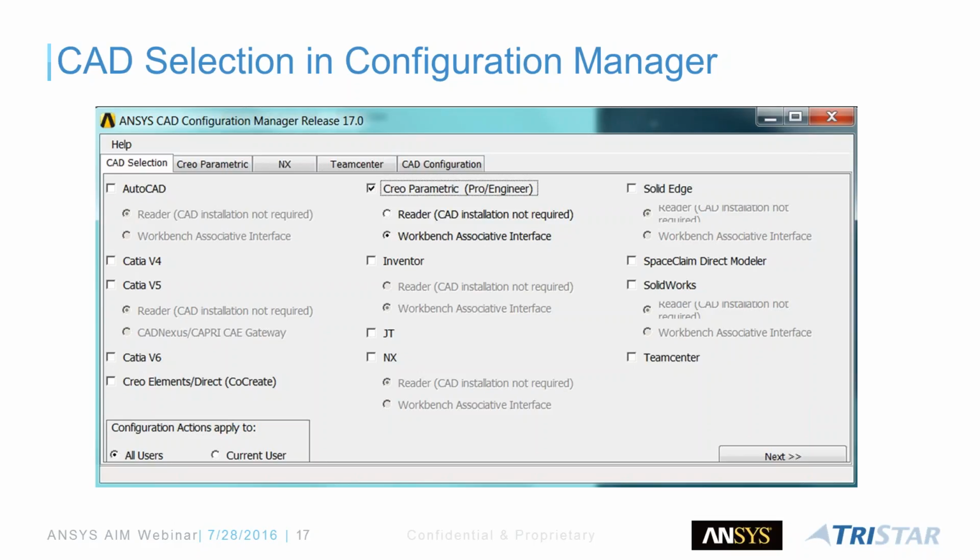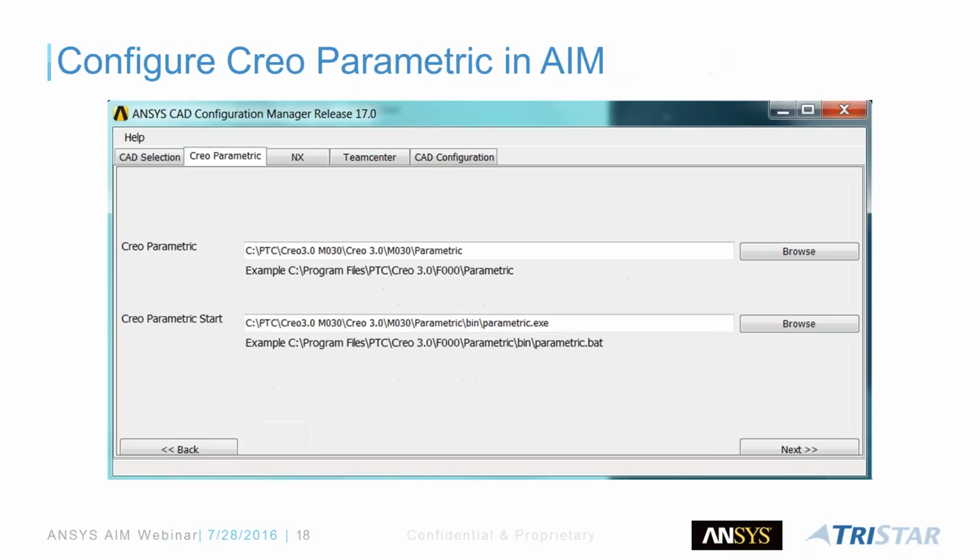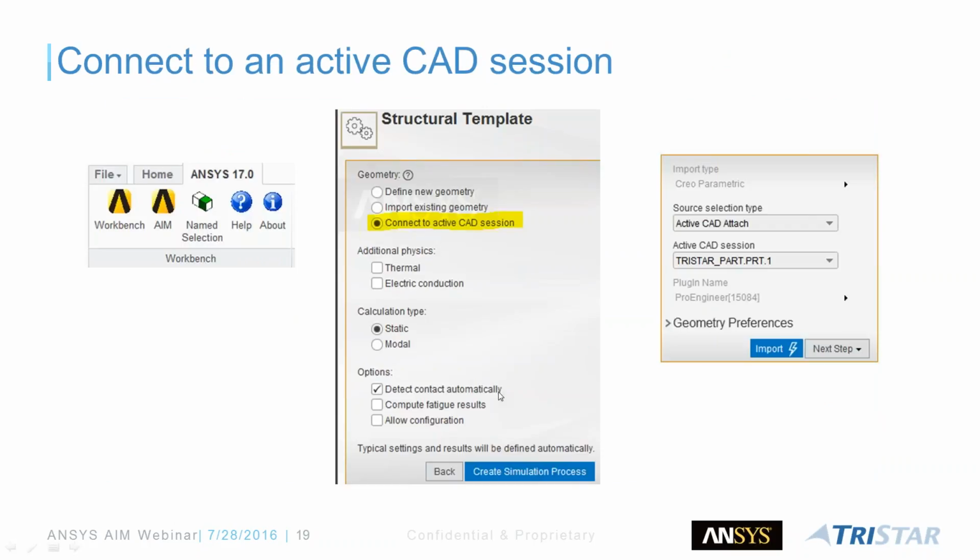When you install, you can configure it to Creo Parametric, for example, point it to the folder where you installed Creo, and point it to the batch file of Creo's executable. With that done, within Creo, on the left-hand side, you could see an ANSYS 17.0 tab, an additional tab for you to launch AIM.